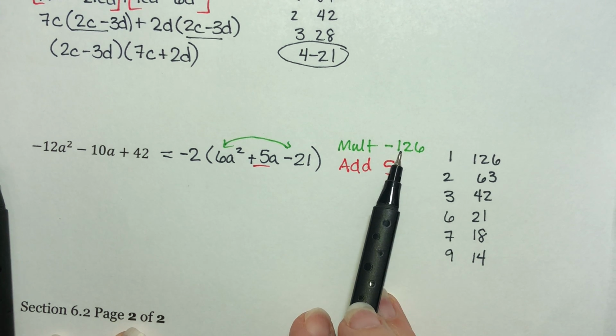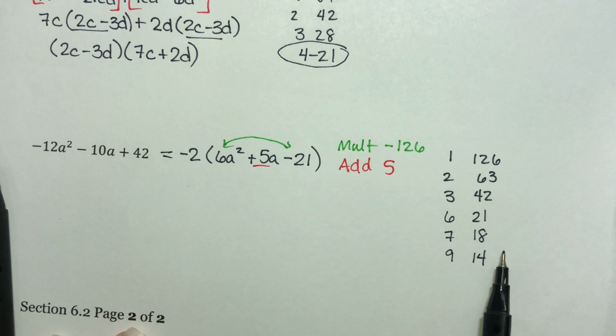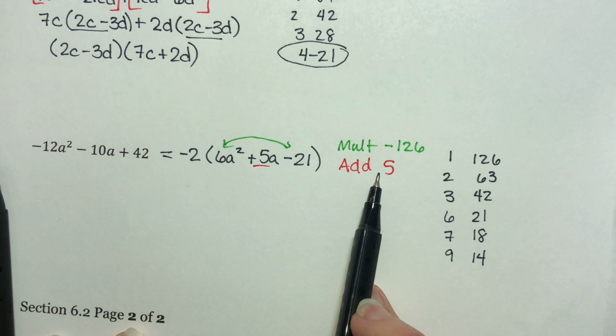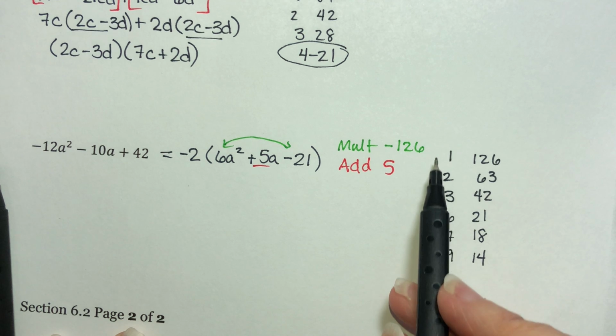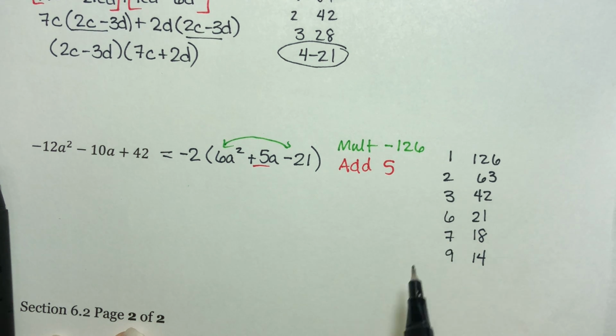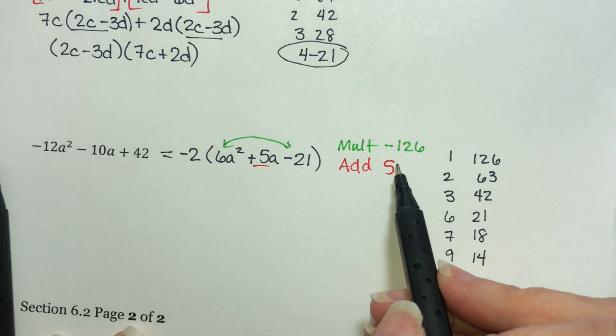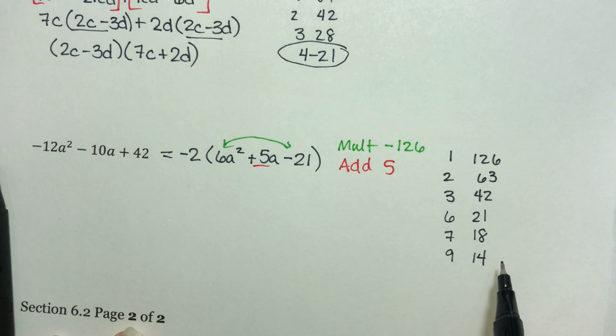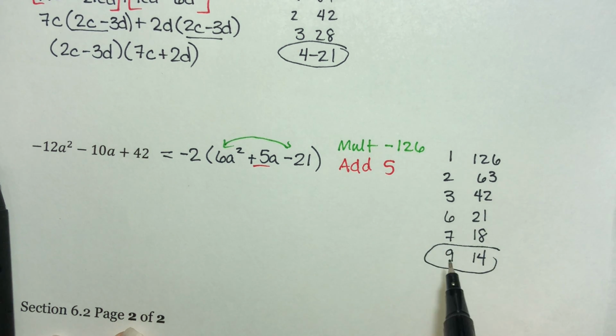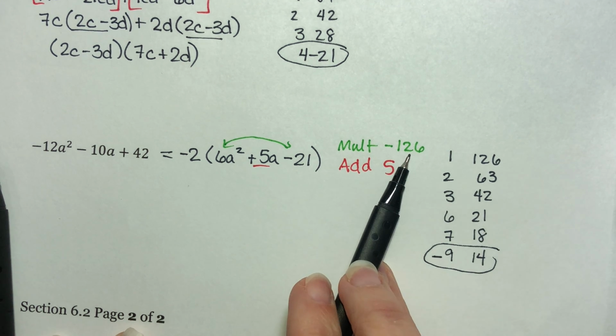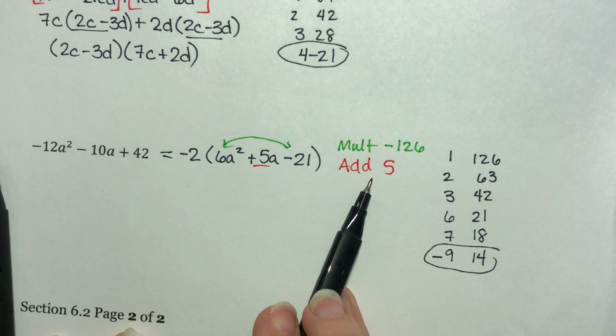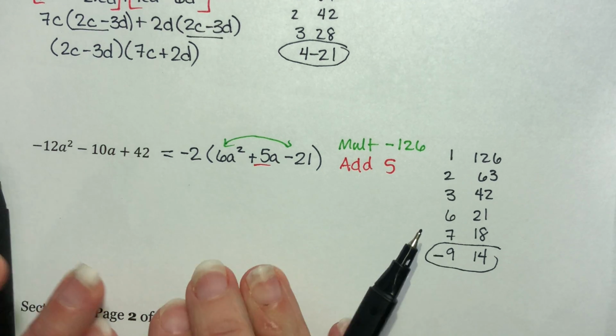If I want to multiply to a negative, then one of them is negative and one is positive. I'm supposed to add to a positive number, so my smaller numbers will be the negative ones. I'm looking for things that are 5 apart, and that would be right here. If I make that a negative 9 and a positive 14, they multiply to a negative 126 and add to a positive 5.